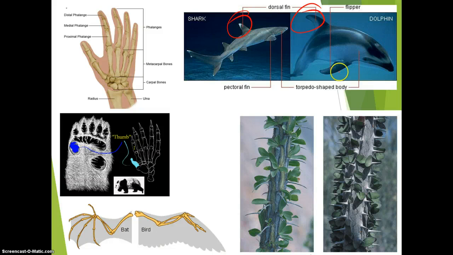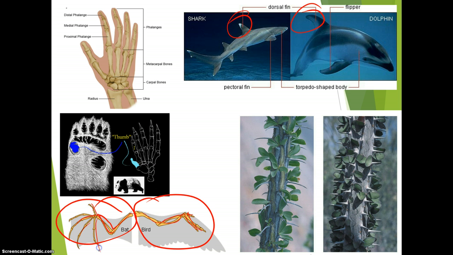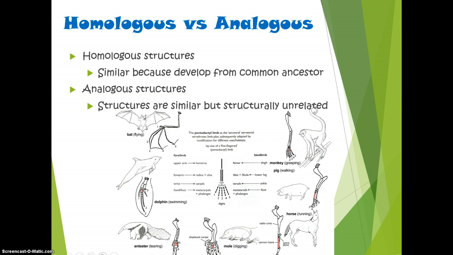Same thing with the shape of the body, the flippers and the pectoral fins. Bats and birds do not come from the same ancestors. Birds come from reptiles, from dinosaurs, and bats actually come from mammals. However, you can see they both have wings that allow them to fly, and they're similar in structure as well.